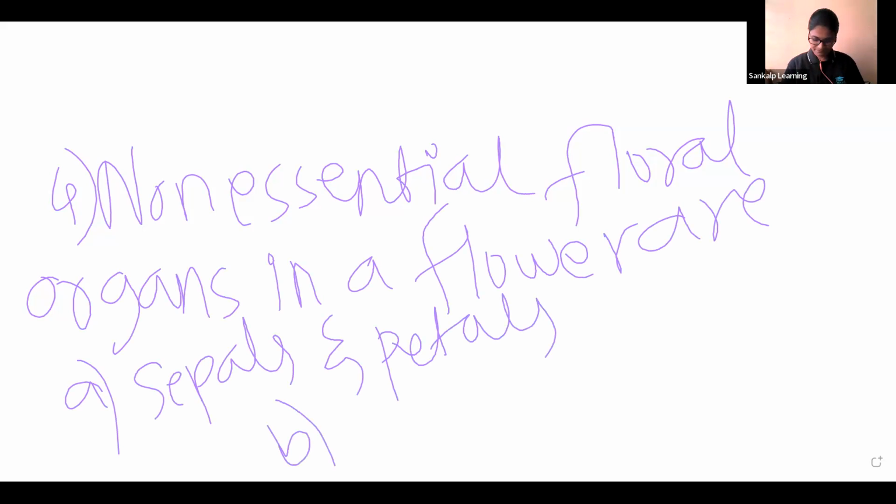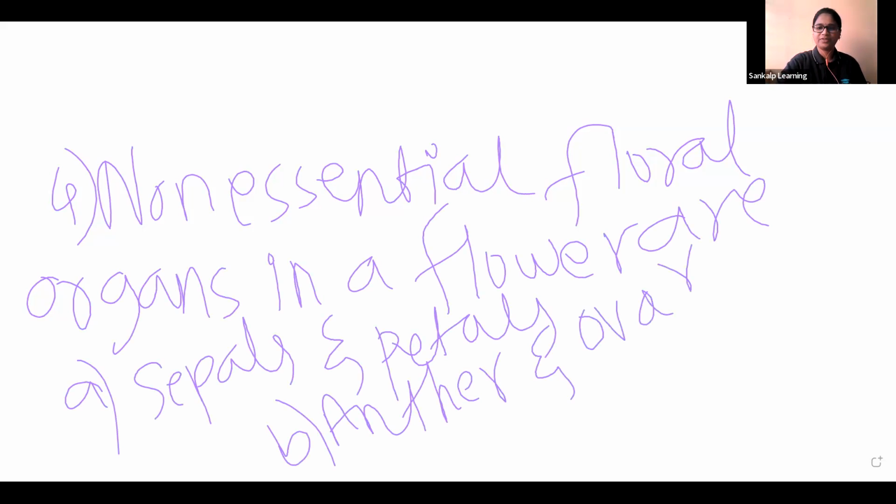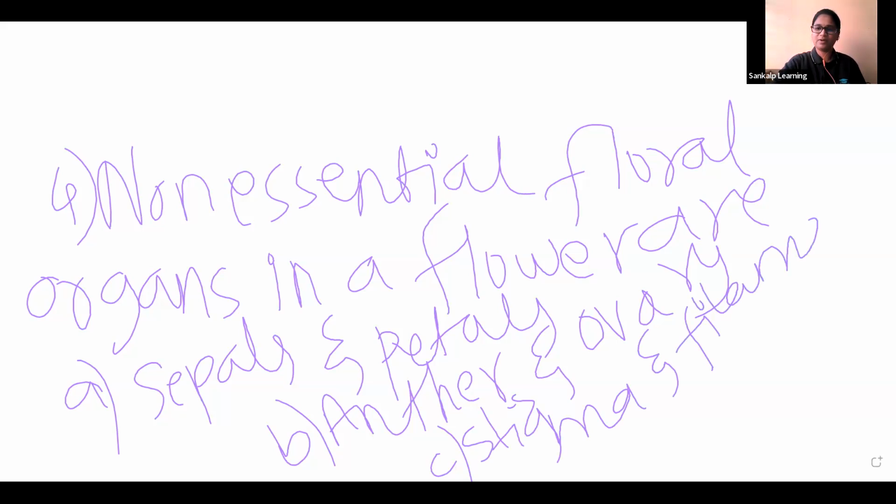Option B, anther and ovary. Option C, stigma and filament. Option D, petals only.